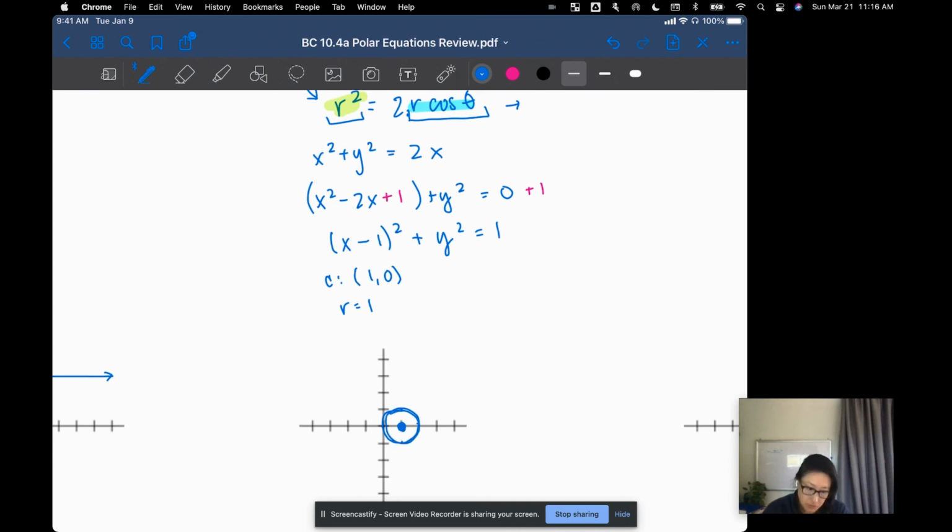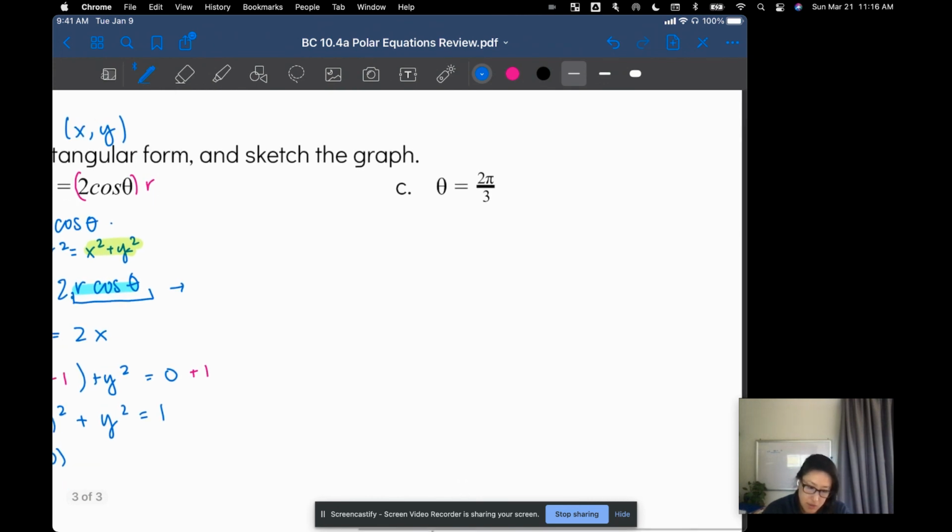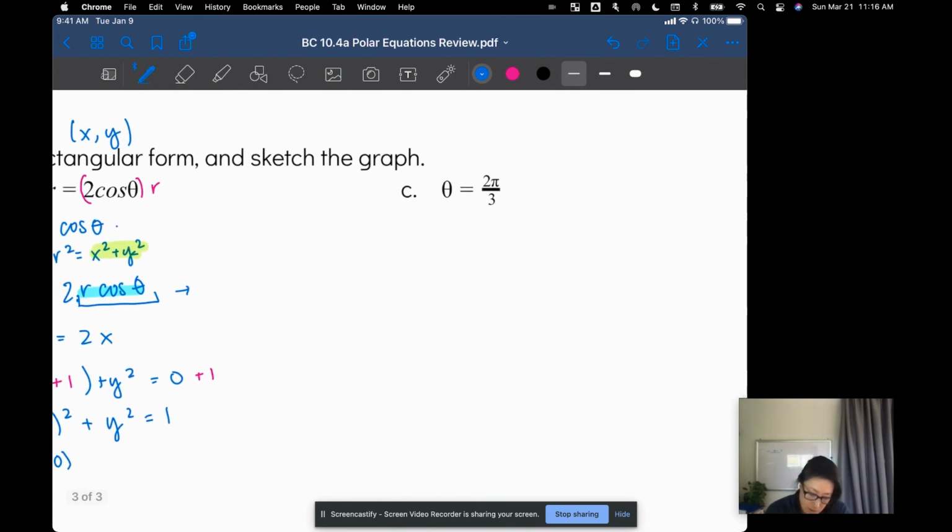Okay. Last one. Theta is equal to 2 pi over 3. So I start with my tangent theta is equal to y over x, since I have theta in the equation, and really this is the only equation conversion that has theta in it. Okay, so I'm just going to evaluate the tangent of 2 pi over 3 is equal to y over x.